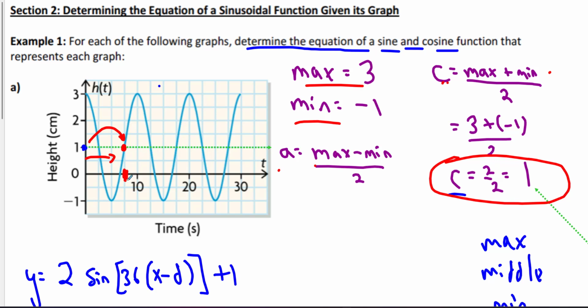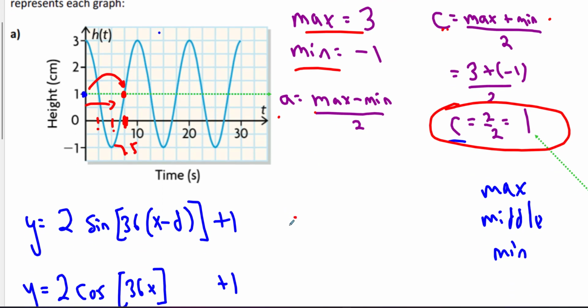Well, we don't know what value that is. Well, yes, we do. Because remember, I figured out that it's going up by 2.5 each time. So 2.5, 5, 7.5. So my d sine equals positive 7.5 because it's a shift right by 7.5.